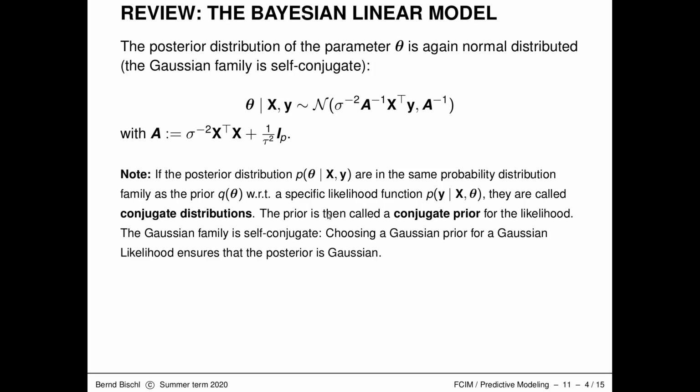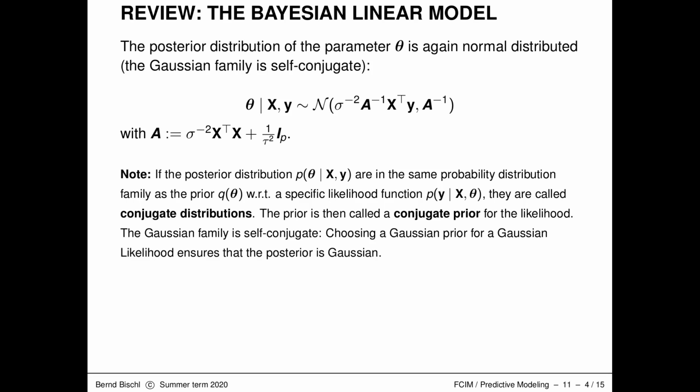A few comments on terminology. I've said on the slides that the Gaussian family is self-conjugate, and that's kind of the reason why all of that works out in such a simple manner, and that also the posterior is Gaussian again. That's just abbreviating terminology for that fact.